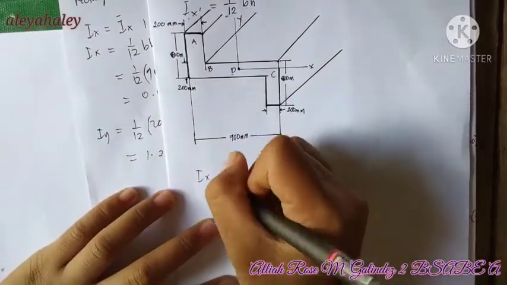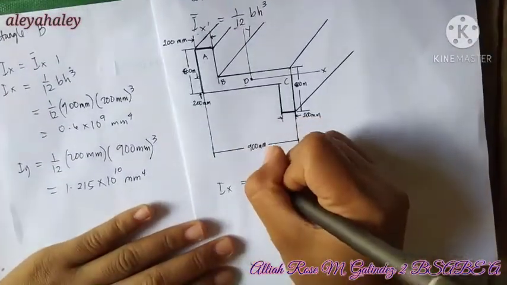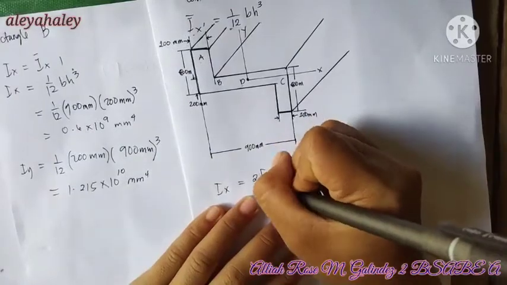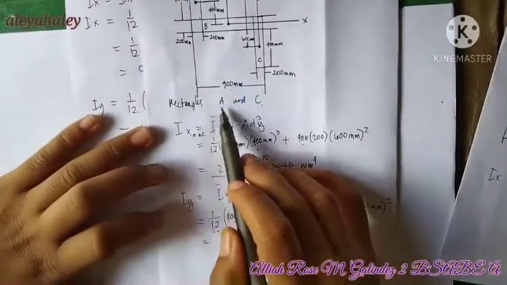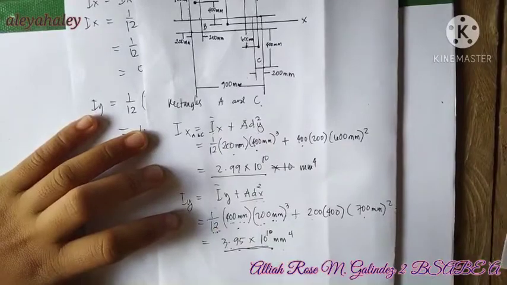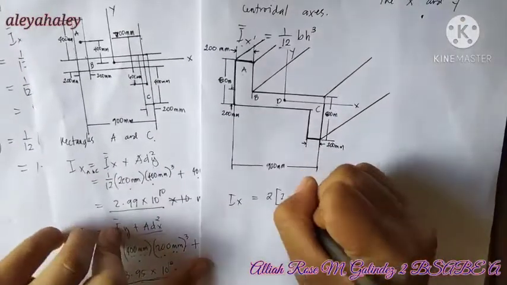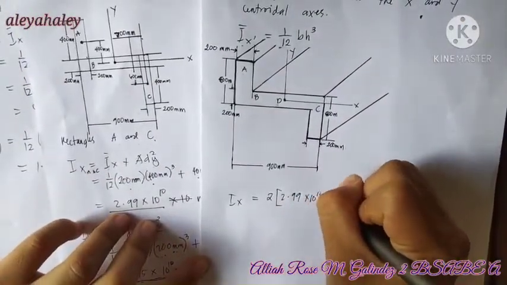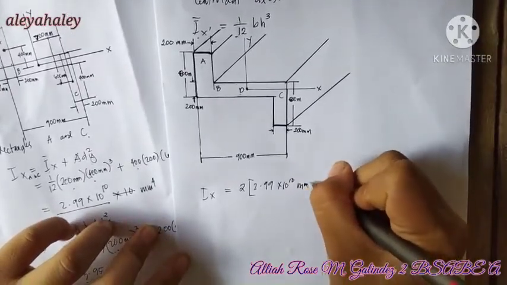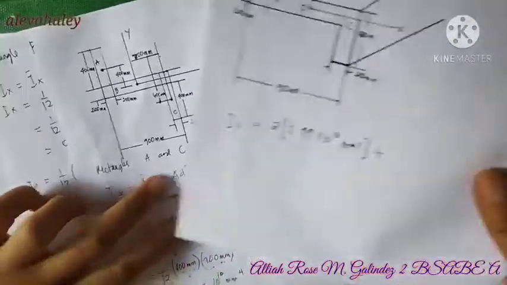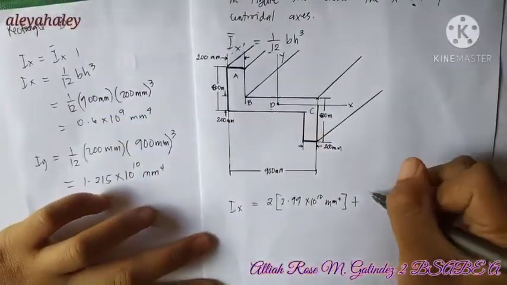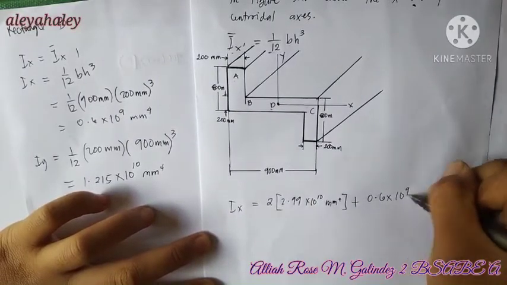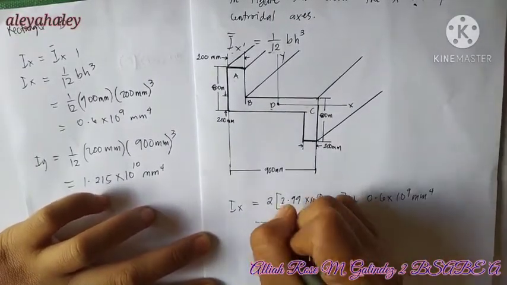Since we're done, we have to solve for the total Ix. So we have this 2 times, since we have rectangles A and C, 2.99 times 10 raised to the power of 10 millimeter to the fourth, plus the Ix of rectangle B, 0.6 times 10 to the power of 9 millimeter to the fourth.